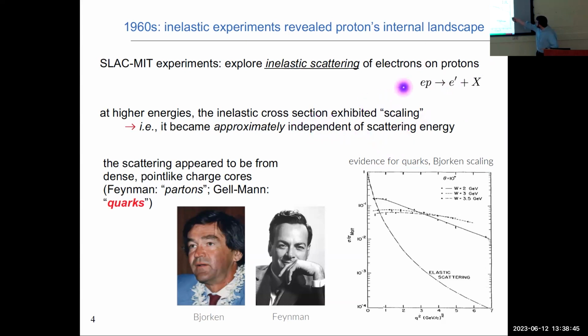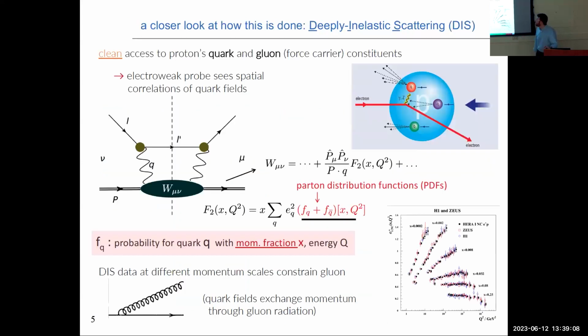There is a little bit of scaling, which was called Bjorken scaling. It is consistent with the external probe resolving essentially point-like looking objects inside the proton, which were ultimately identified as the so-called partons. They look like dense point-like charges, and those are the quarks, roughly speaking, as identified by Bjorken and Feynman, and ultimately Gell-Mann as well.